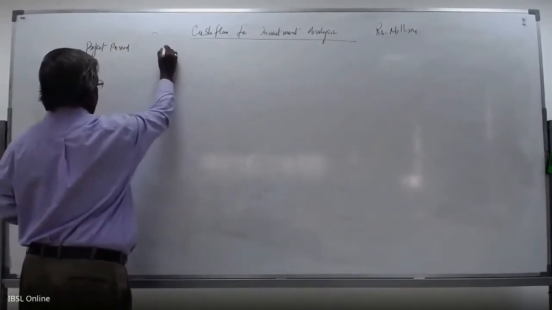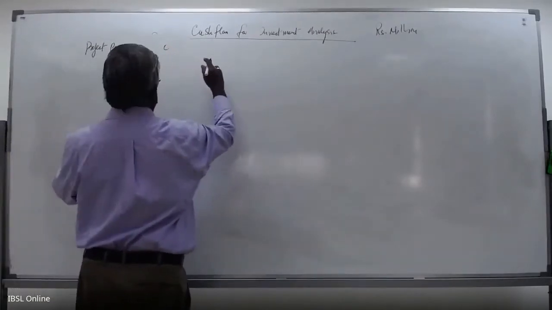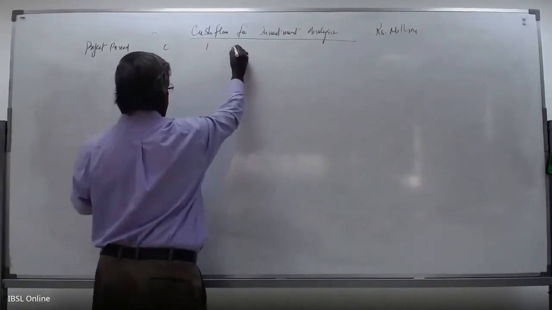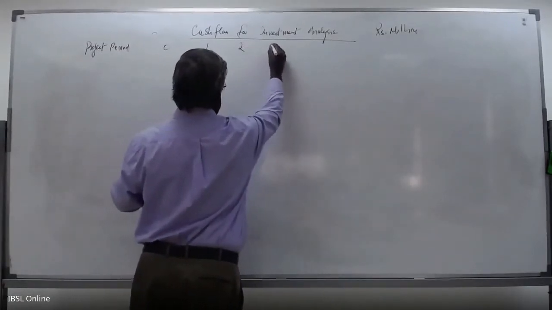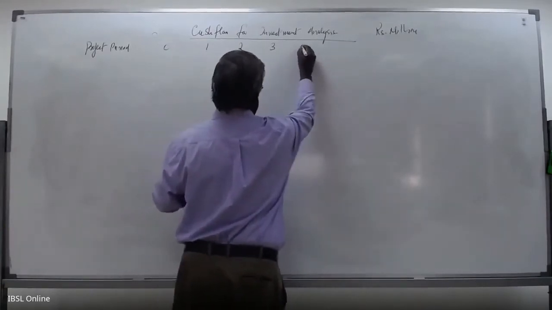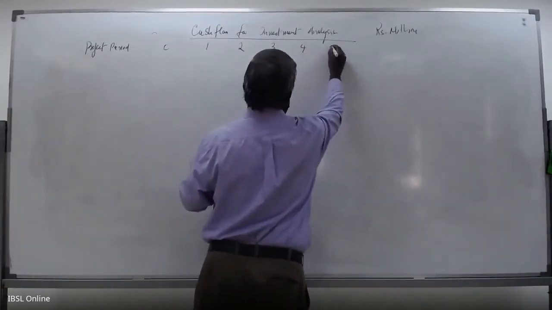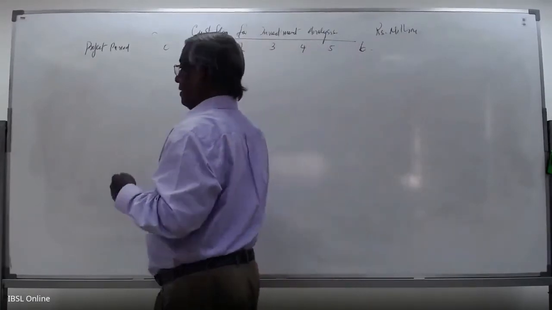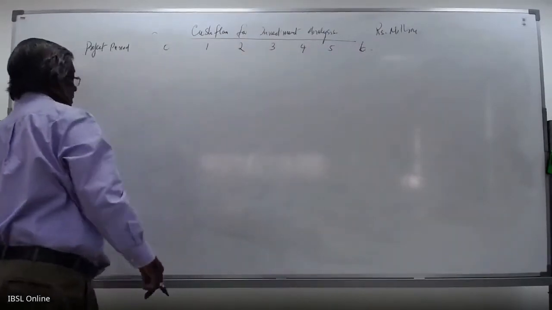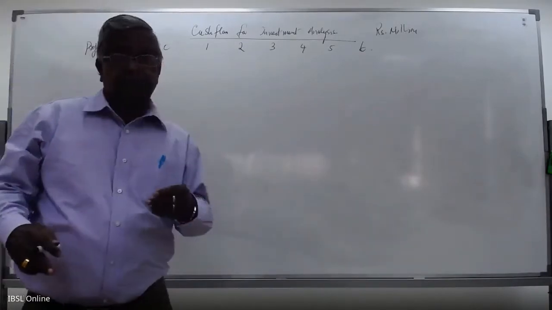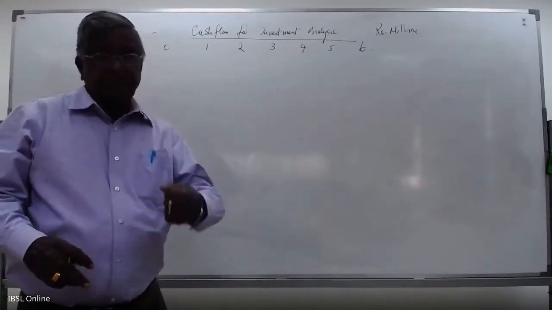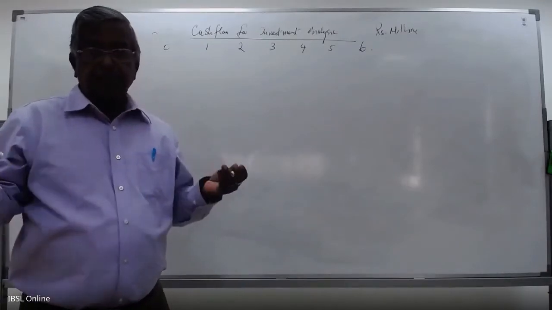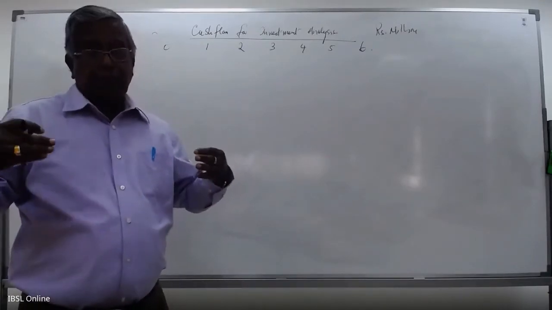Year 0, that is now. Year 1, 2, 3, 4, 5, and 6 project years. Now, you have to construct a cash flow.